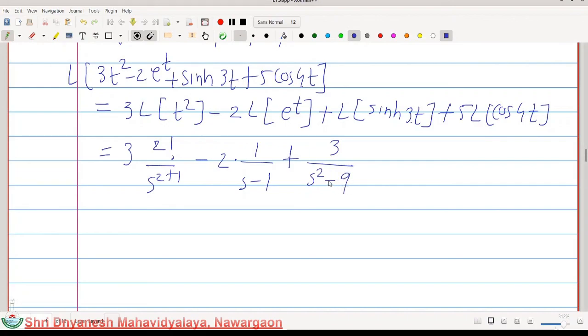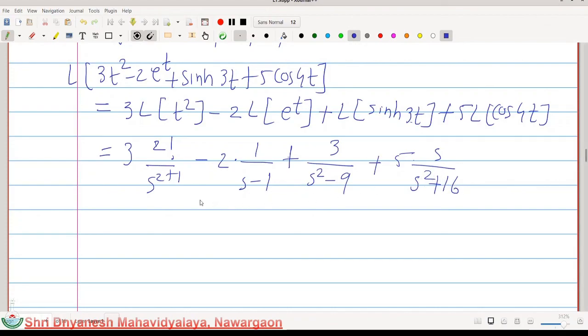Plus 5 into the Laplace transform of cos(4t), which is s upon s square plus 4 square, 4 square means 16.